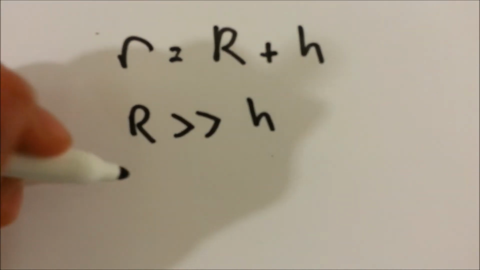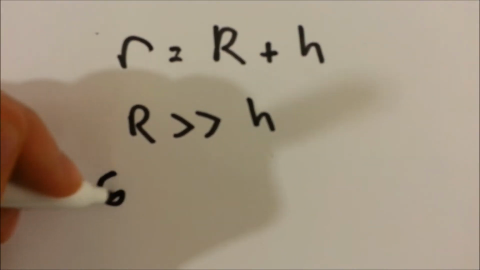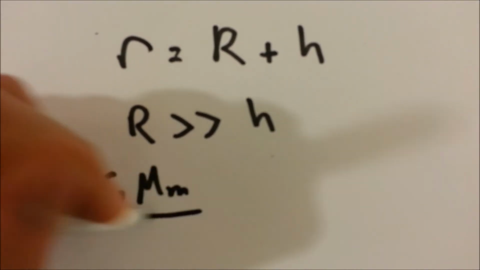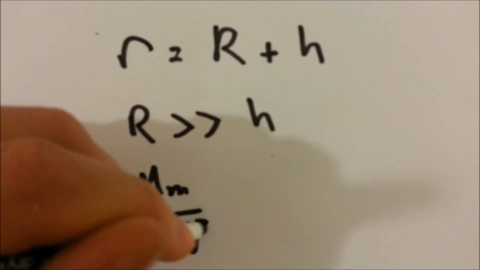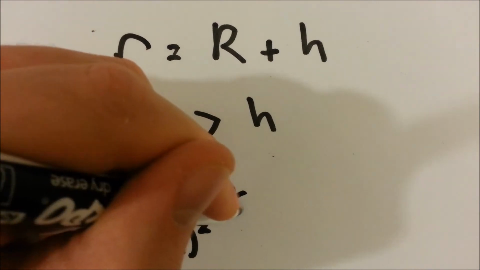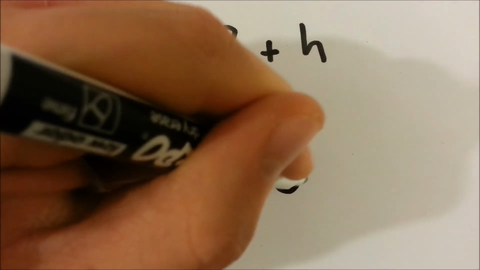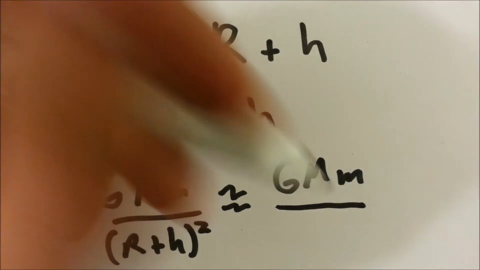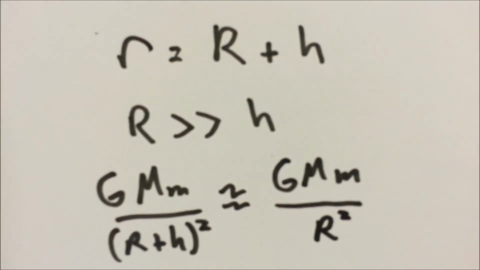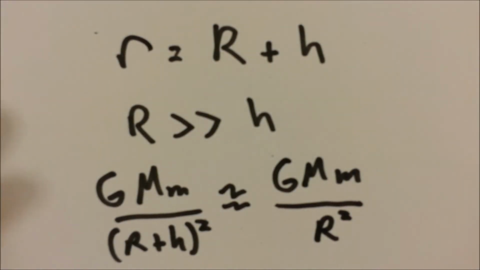But we know that the radius of the Earth is much greater than the height that we're standing. So, when we plug that into our gravitational force equation, we find that the height that we're standing really doesn't matter, and it approximates back to this.